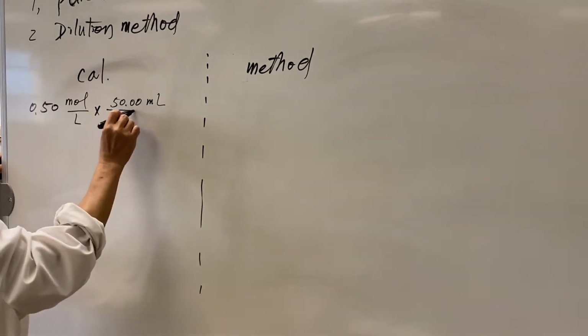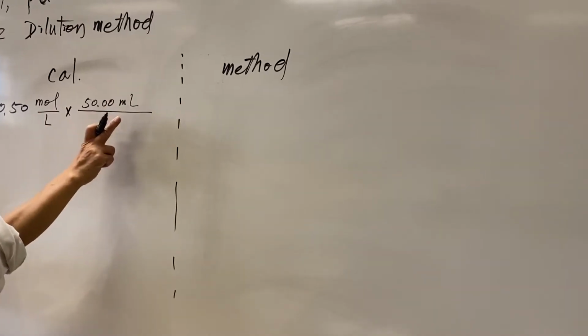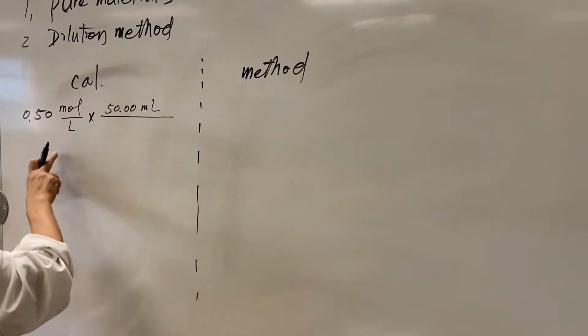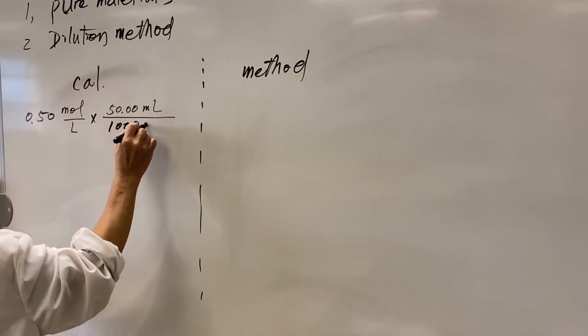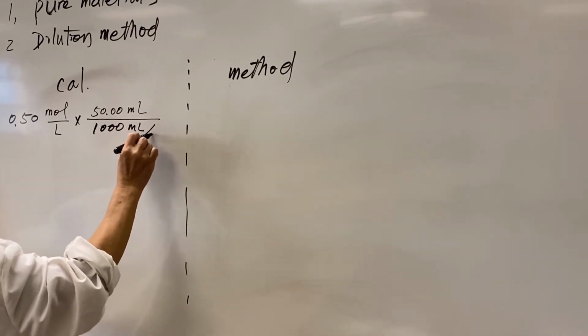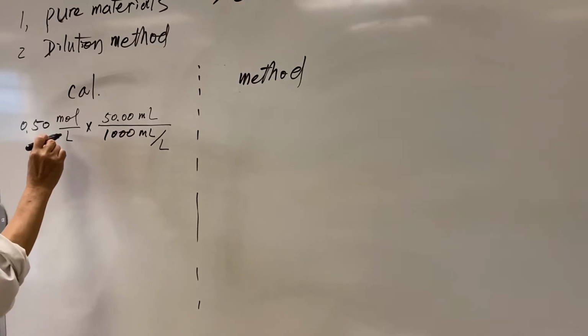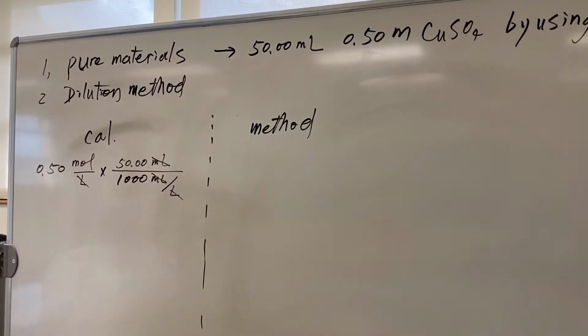So we needed to either convert a milliliter to liter or liter to milliliter. Most of them are told to convert to the smaller one, which is good. I don't really care. Then make sure you take your units all in. So now you see you can cancel, you can cancel, you can cancel.